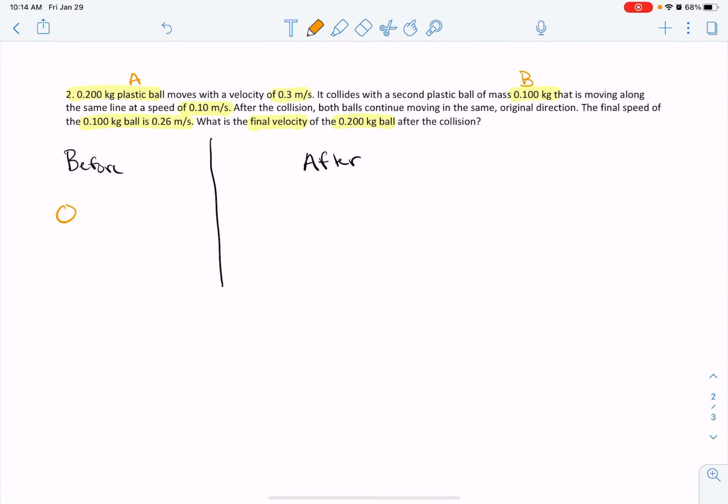A is moving in one direction, and B is moving in the same direction. Draw those arrows to represent that they're moving. And then after they collide, they're still moving in the same direction, but their velocities are probably going to be different.